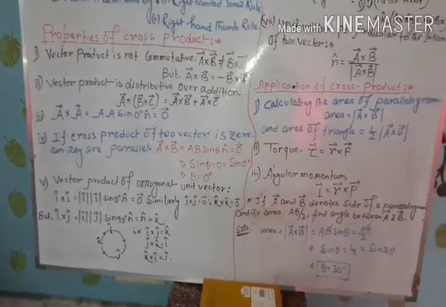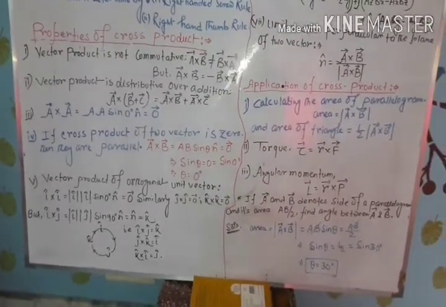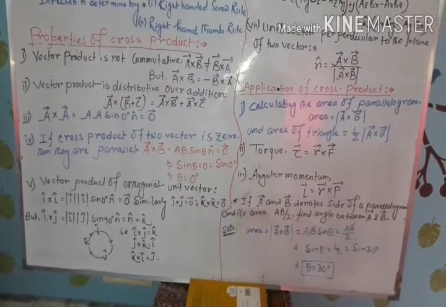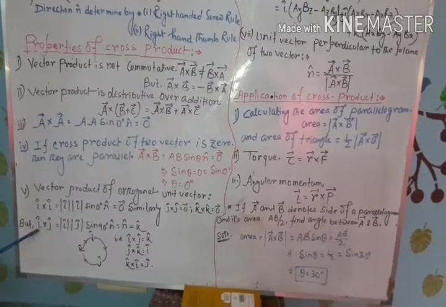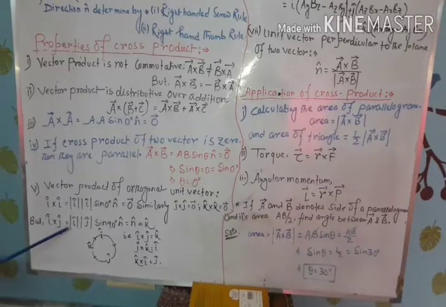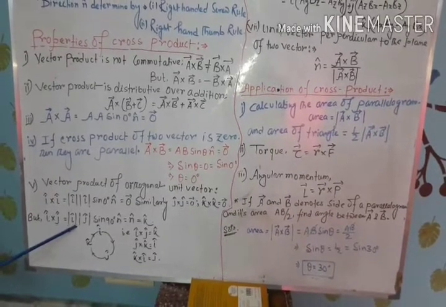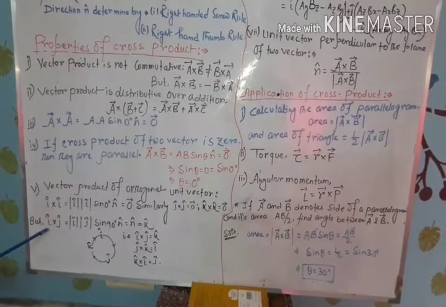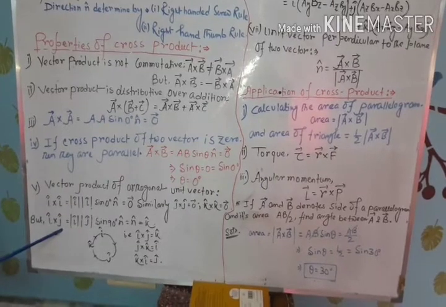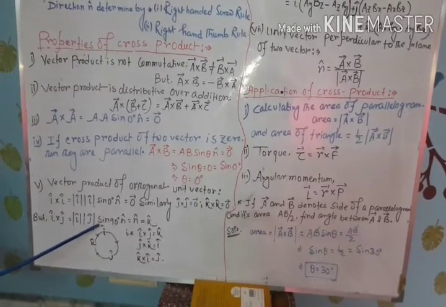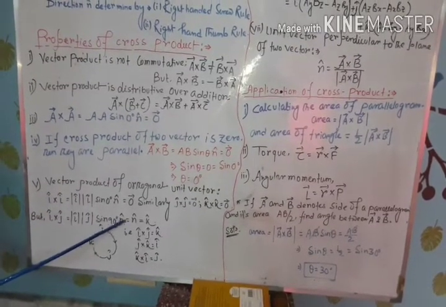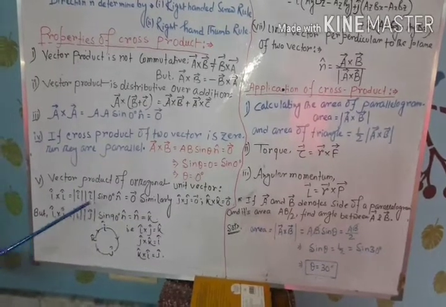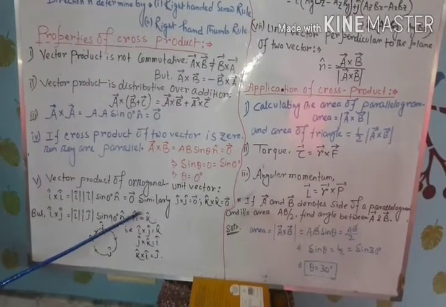Now we have to know the cross product among different orthogonal unit vectors. That is i vector cross j vector. According to the definition, mod i cap, mod j cap, the angle between i cap and j cap is 90 degree. So therefore sin 90 degree n cap. This is 1, this is 1, this is 1, so it is only n cap.